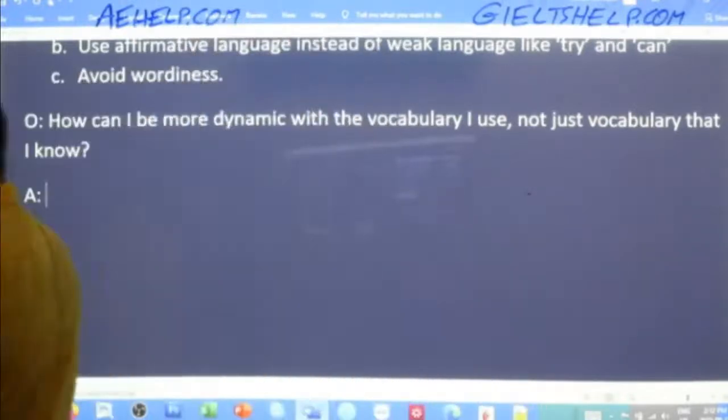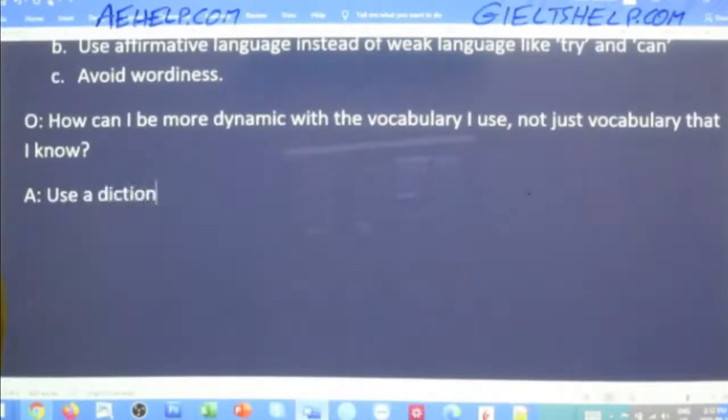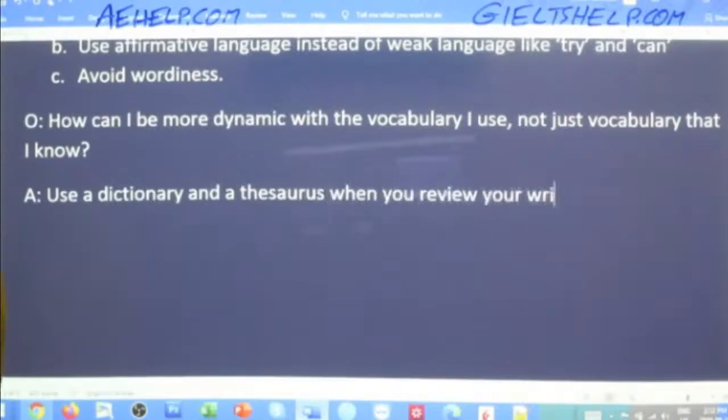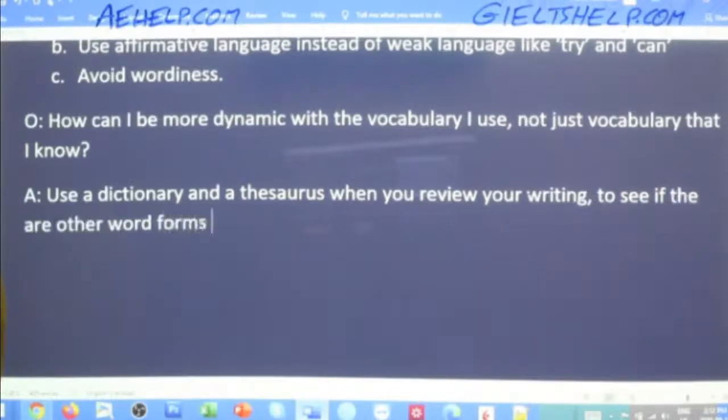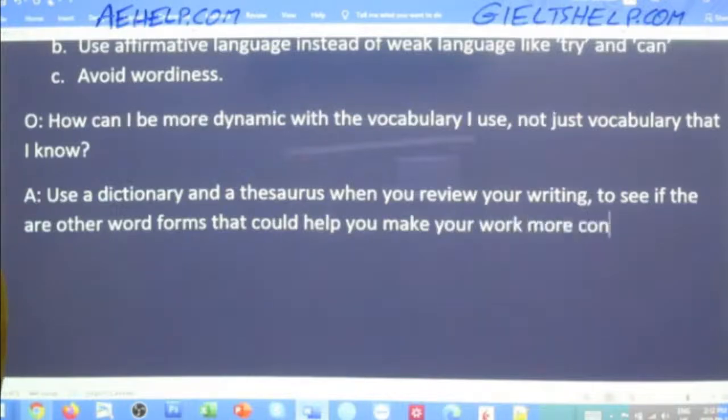So the answer here is use a dictionary and a thesaurus when you review your writing to see if there are other word forms that could help you make your work more concise.